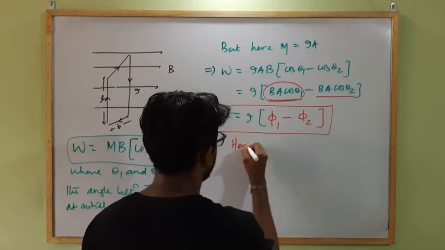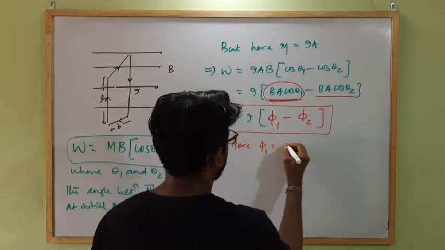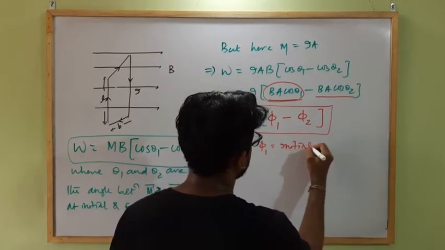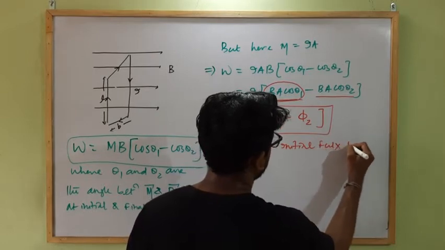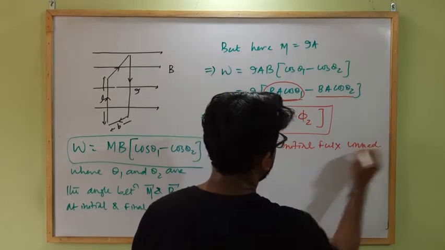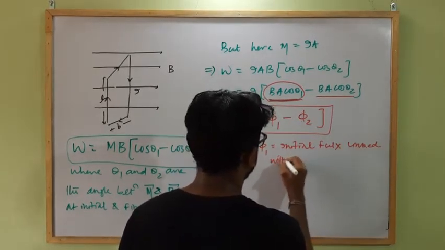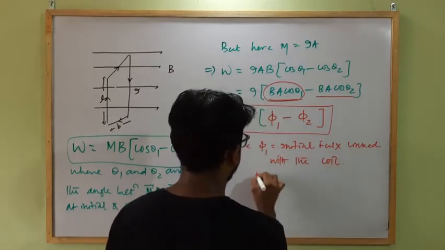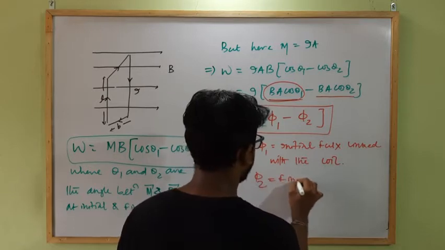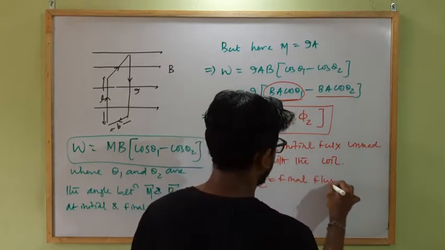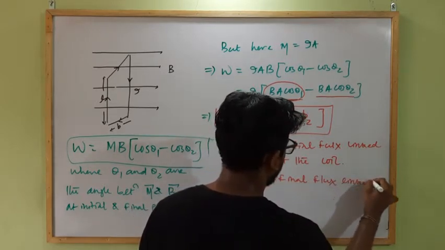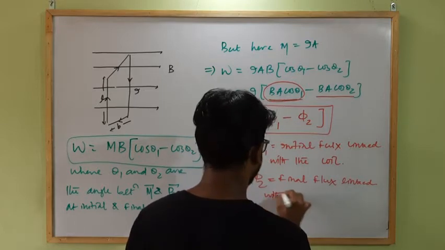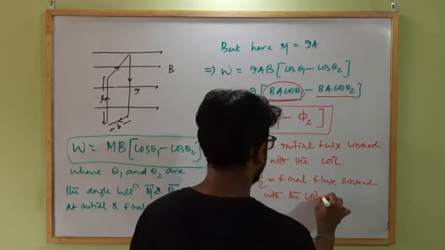Here phi 1 equal to initial flux linked with the coil, phi 2 equal to final flux linked with the coil.